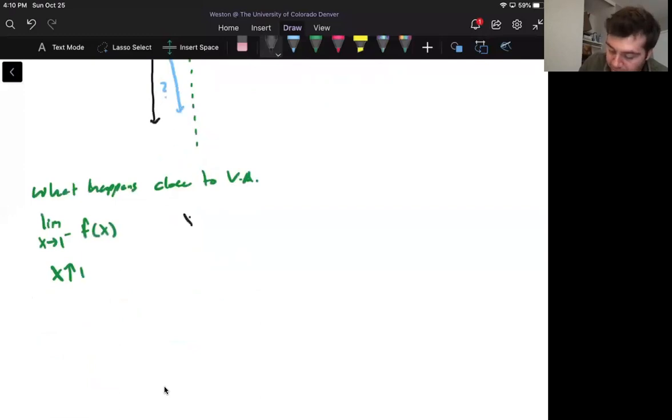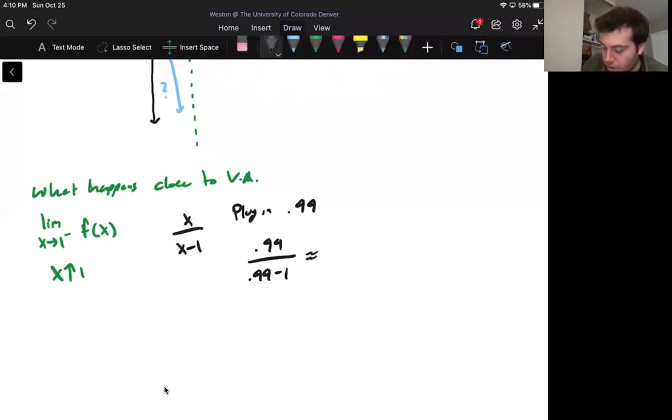We can think about if we have x over x minus 1, and we plug in something just a bit less than 1, like 0.99. Then we get 0.99 over 0.99 minus 1. So this top 0.99 is about 1.